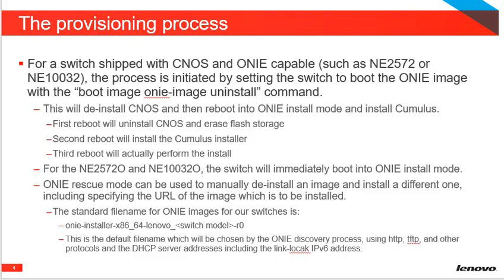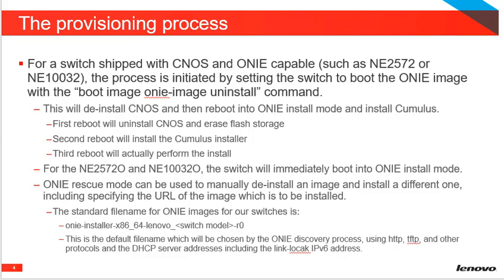What will happen is CNOS will be deinstalled, and the switch will reboot into ONIE install mode, download the Cumulus installer, and then run the Cumulus installer and actually run the install. For the open software versions of our switches, the switch will immediately boot into ONIE install mode. There would be no need to deinstall a CNOS image.